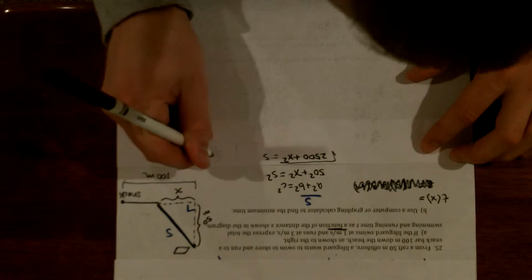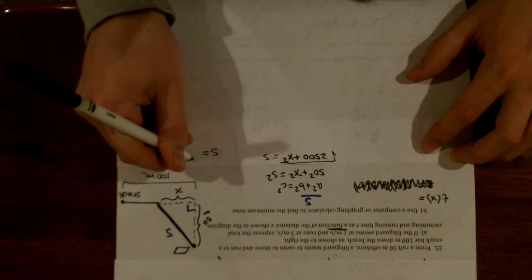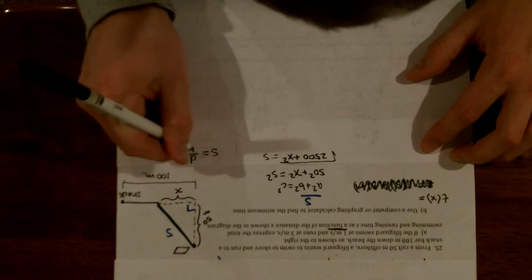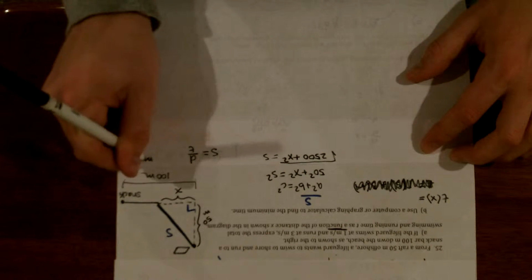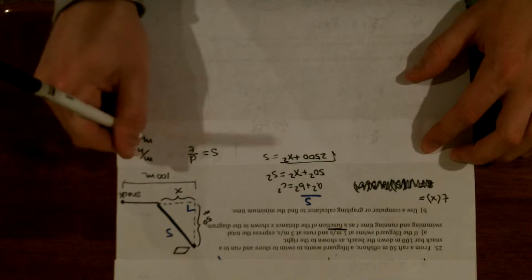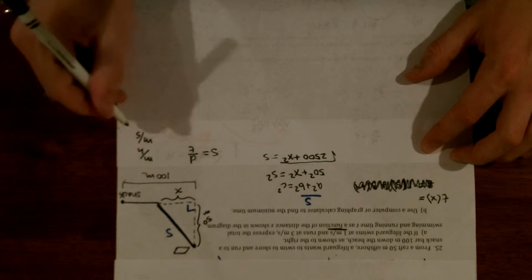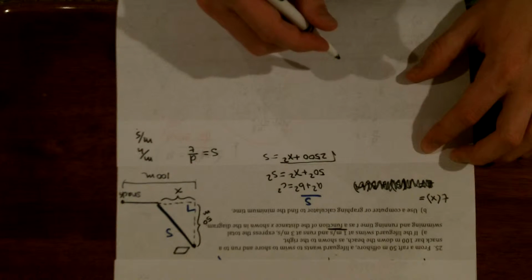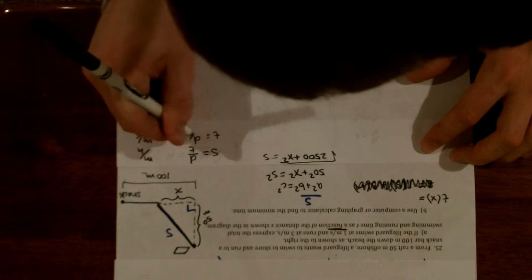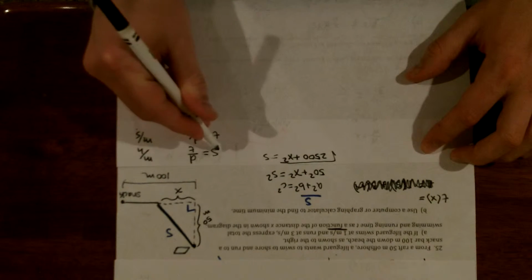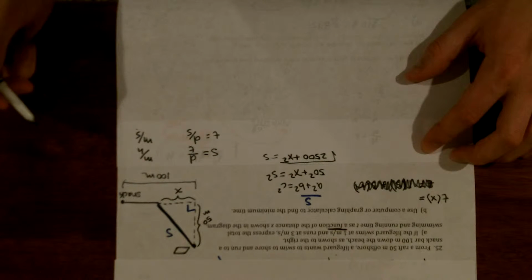Thinking about how those relate to each other, we know that speed equals distance over time. You can think about speed as miles per hour or meters per second. We're traveling a distance over a time. So if we're looking for time, that means t equals d over s. You can multiply the t to the other side and then divide by s.